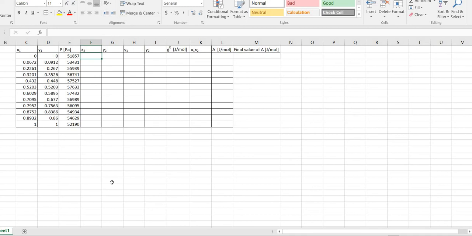Starting with the raw data that they gave us in the problem statement, x2 is going to be equal to 1 minus x1 because it's a binary mixture. y2 is equal to 1 minus y1.